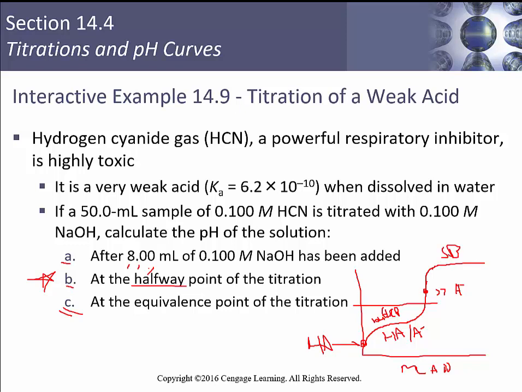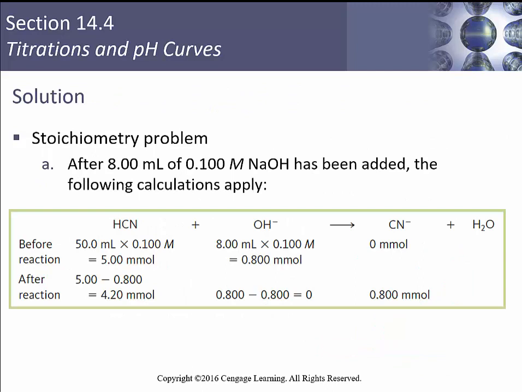So let's take a look at what we're going to do with those. After 8 milliliters of 0.1 molar sodium hydroxide have been added, the following calculations are going to apply. So before, we had 50 milliliters times 0.1 molar, or 5 millimoles of HCN. Our hydroxide, we're adding 8 milliliters of 0.1 molar, so we're going to add in 0.8 millimoles.